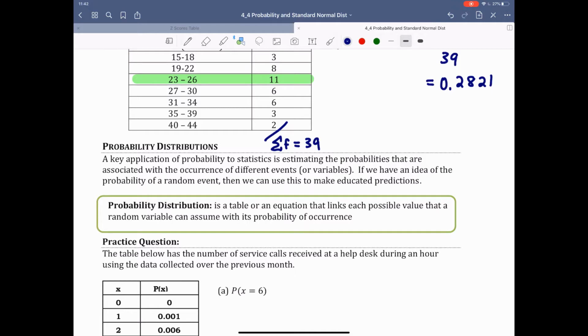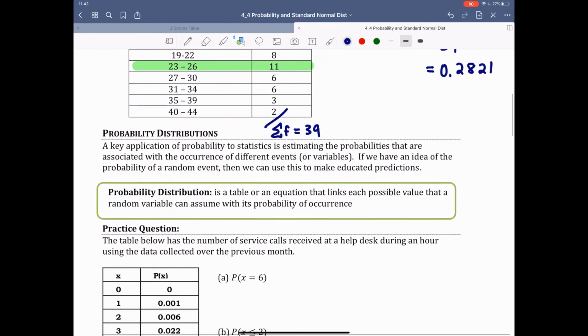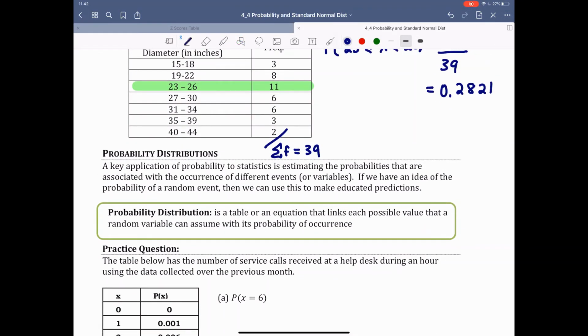So our probability distribution for that one, and I'll write it on the side here, you would have x, so you could have values of 0 all the way up to 9, and then for p of x, because they're equally likely to occur, you would have 0.1, 0.1, 0.1, 10 times.